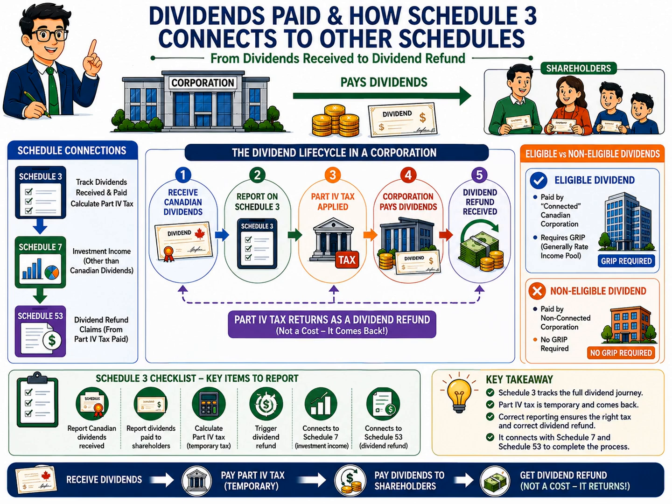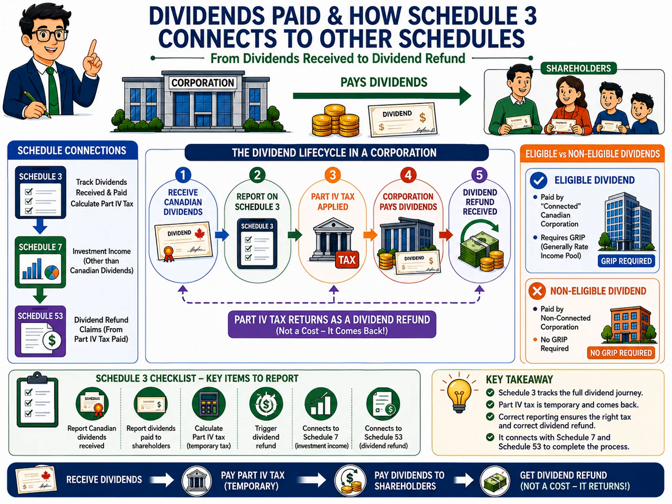Finally, the checklist summarizes the key responsibilities of Schedule 3. It reports Canadian dividends received, reports taxable dividends paid to shareholders, calculates Part 4 tax, supports dividend refund calculations, and connects with both Schedule 7 and Schedule 53 to ensure the corporation's dividend reporting is complete.